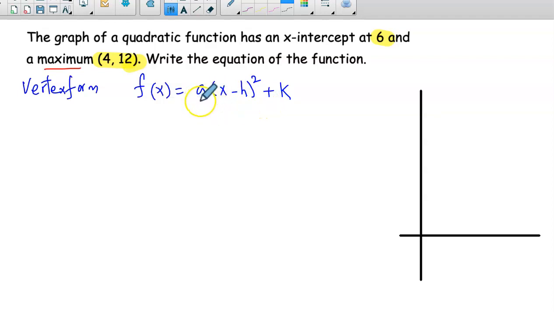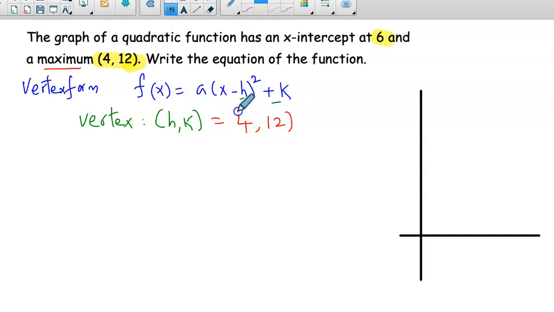The same a is here that tells you about the stretch, shrink, and opening upwards or downwards. And this (h, k) gives you the vertex. The vertex is (h, k). Now you already know the vertex. They gave us the vertex at (4, 12).